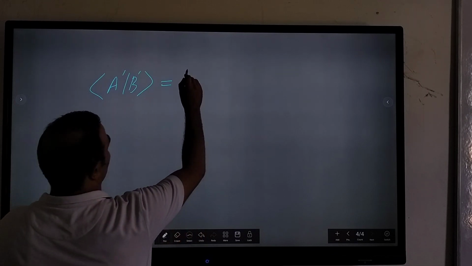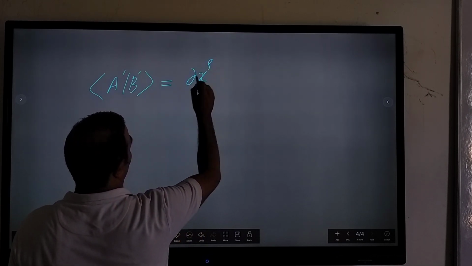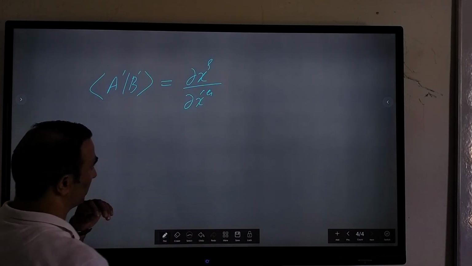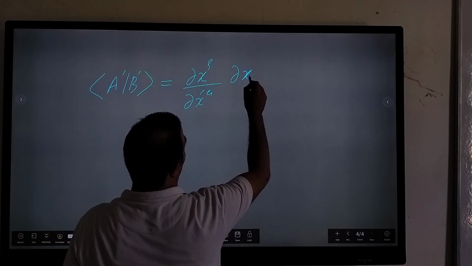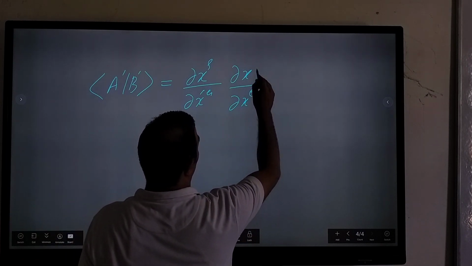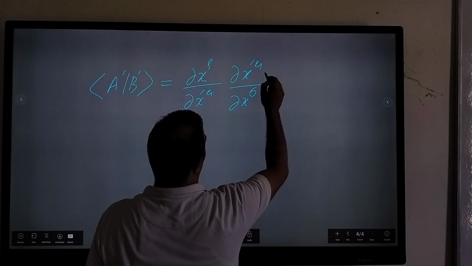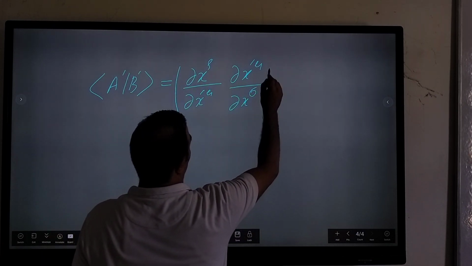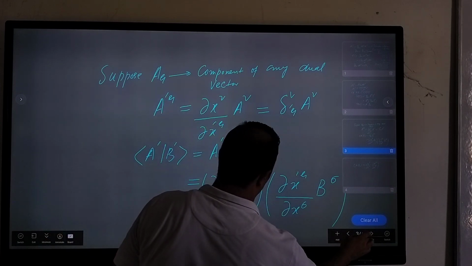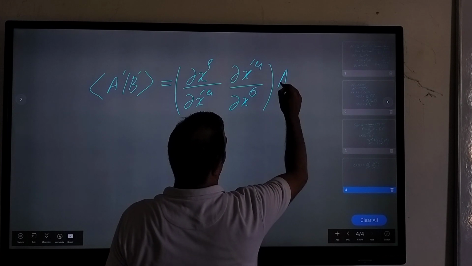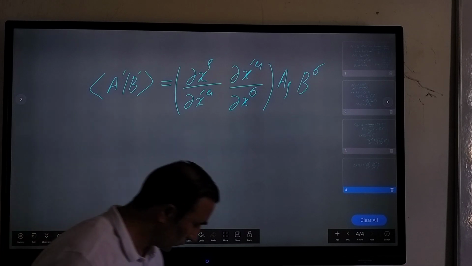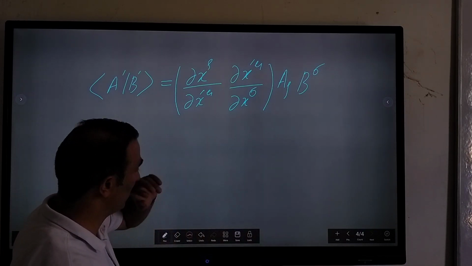so that will be equal to partial x mu prime, partial x, and what else is there? The arrow bc, right? Okay. So let me check if I'm right. Okay, that's it. Right.